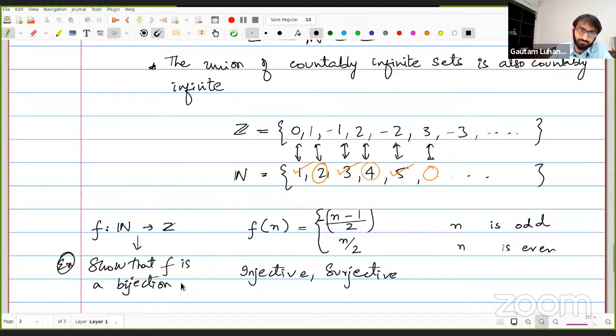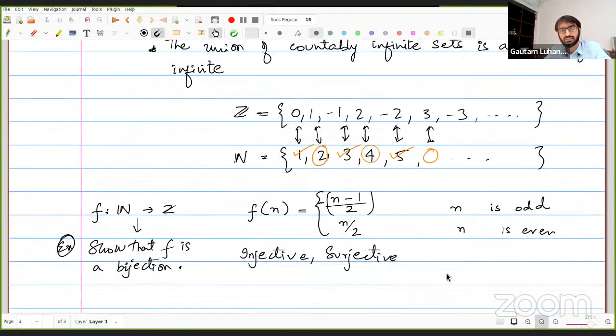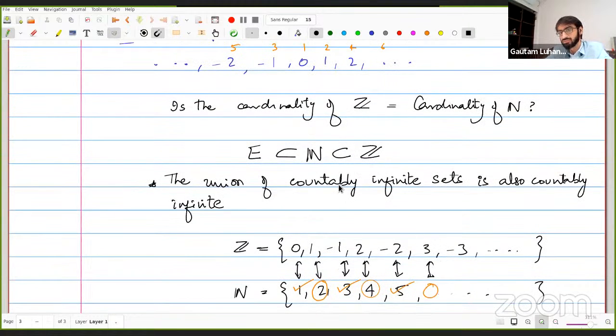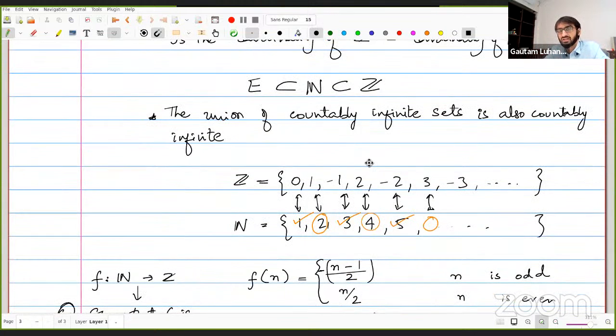Let's leave this as an exercise. Right? Okay, great. So it seems like Z is also countably infinite. You can find a way of counting it, and you still don't get a bigger set as far as cardinality is concerned. So far, nothing new.